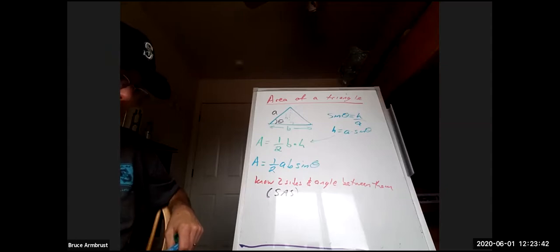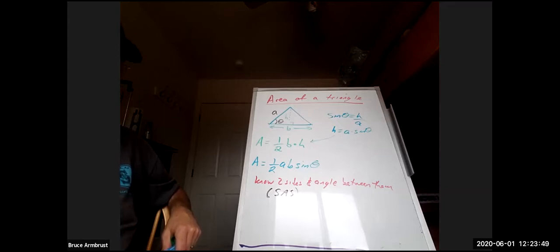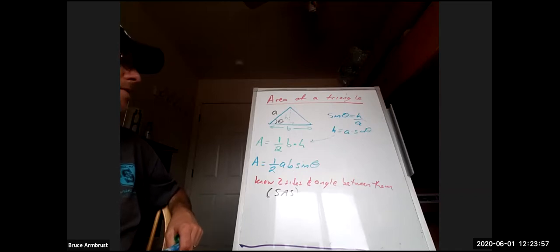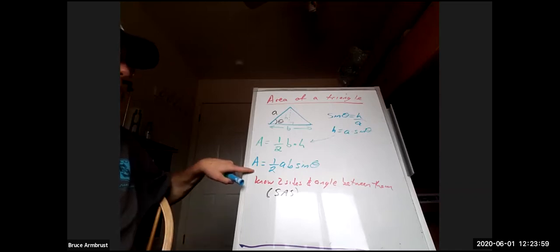So if you're in the side angle side case, this is a real quick way to get the area of the triangle. And it's terribly easy. It's just a matter of punching in the numbers and getting what you get. Okay, so get to know this formula. It's really, really useful. And it's another one that you will see later in calculus.